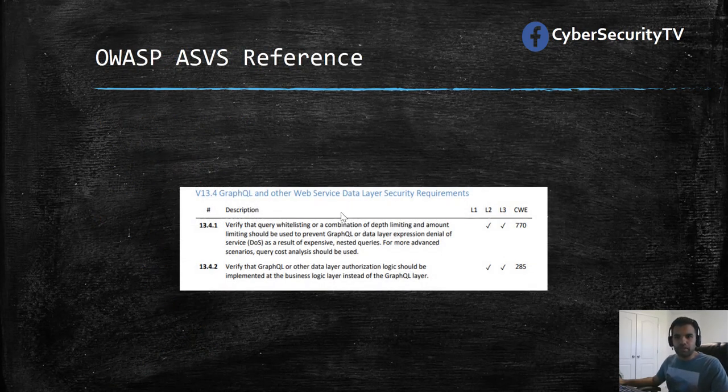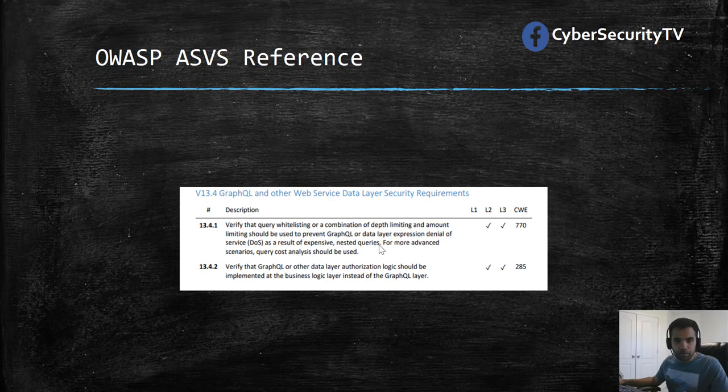Last year, I believe, or earlier this year, OWASP updated its reference, and it now also included GraphQL and the other web server data layer security requirements, because it found that a lot of people are now using GraphQL instead of REST APIs. One of the checks is to verify that query whitelisting or combination depth limiting should be used to prevent GraphQL or data layer expression denial of service.